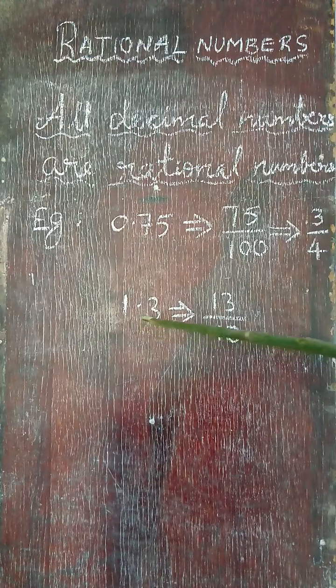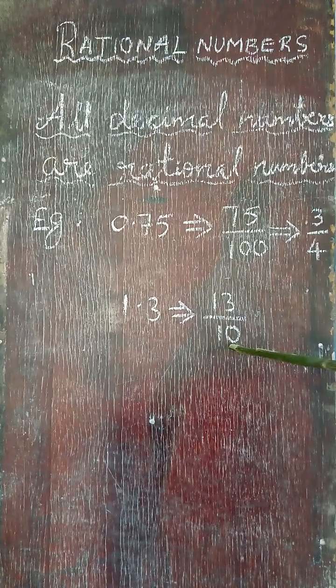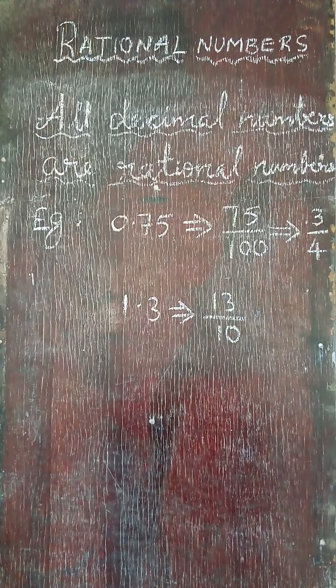1.3. So இதை நம்ம எப்படி எழுதலாம்? 13 by 10. 1 decimal part இருந்தால் divide by 10 போட்டால் போதும். இங்கே எதுவுமே decimal எழுத தேவையில்ல. No need to write any decimal in the numerator place. In the denominator we are writing 10. 2 decimal places means 100. 1 decimal place means divided by 10. 3 decimal places means divided by 1000.